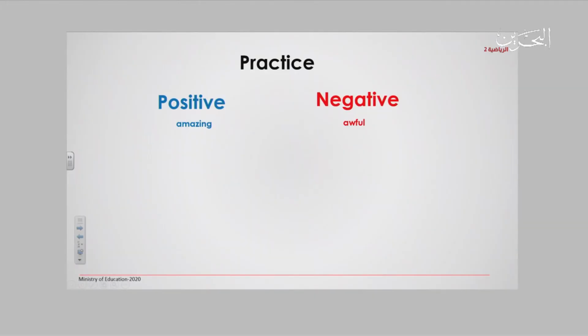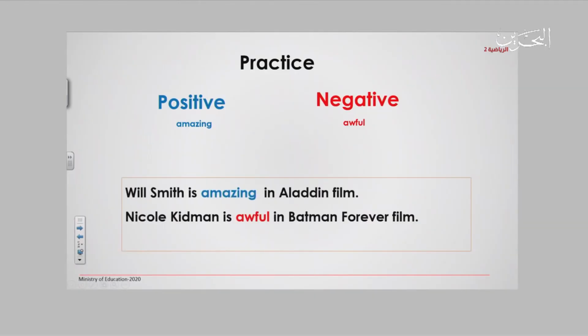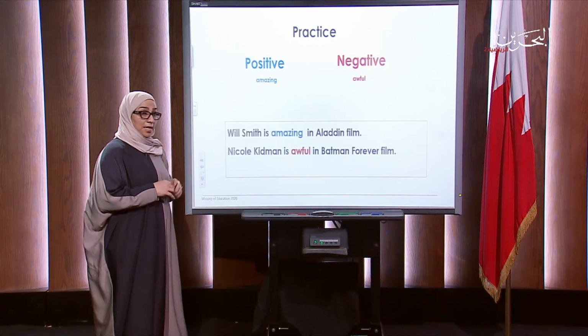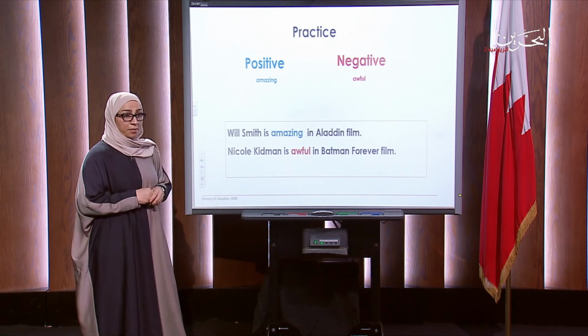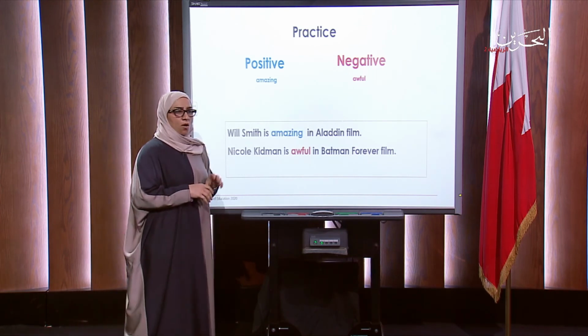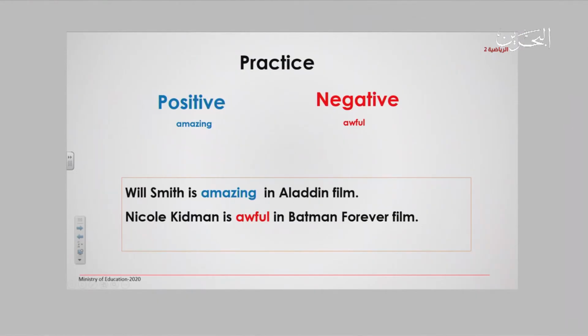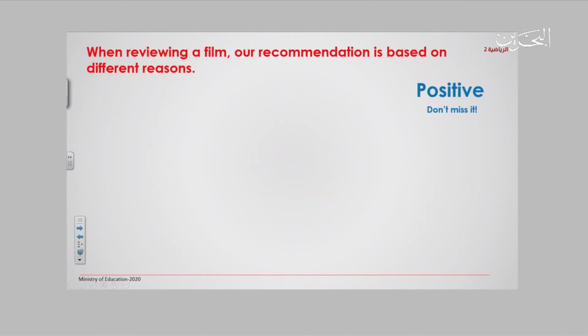More practice for opinion, positive, negative, amazing, and awful. Will Smith is amazing in the Aladdin film. The second example, Nicole Kidman is awful in the Batman Forever film. More to go.